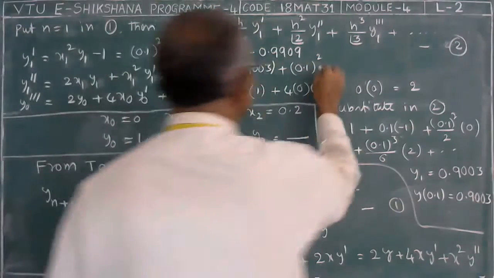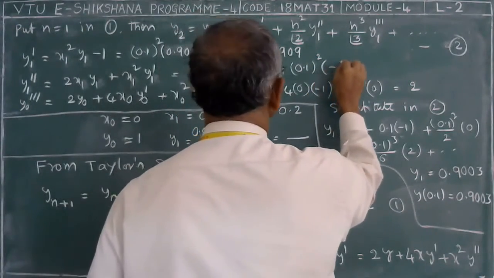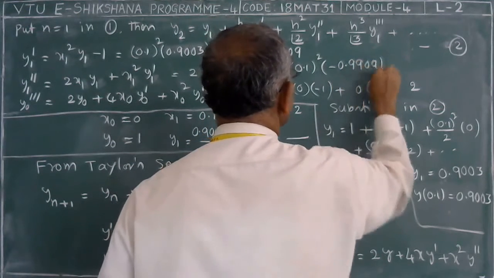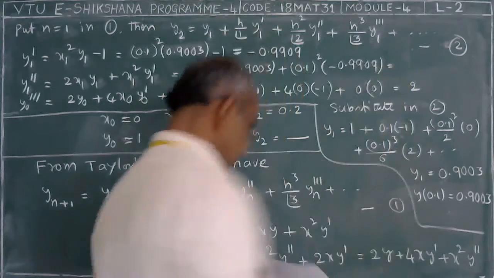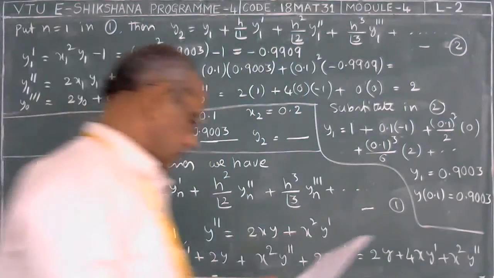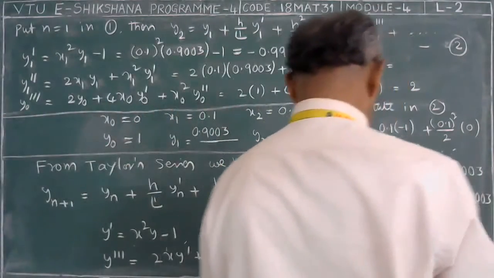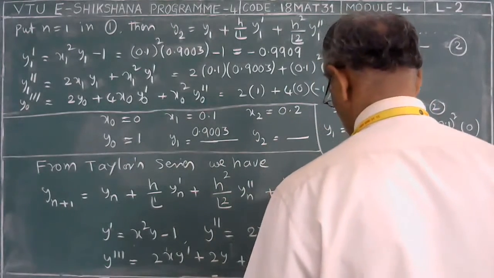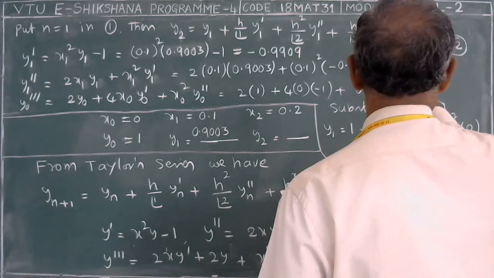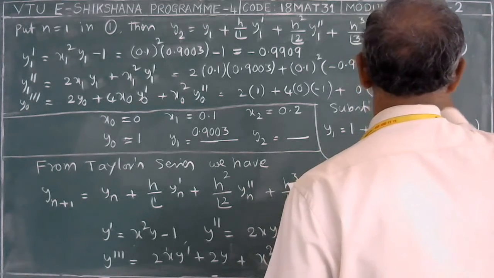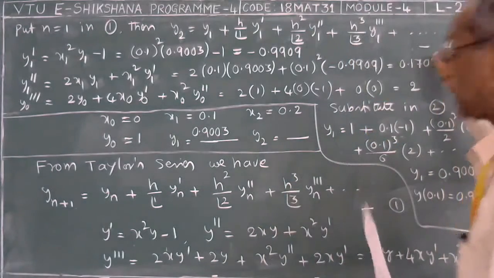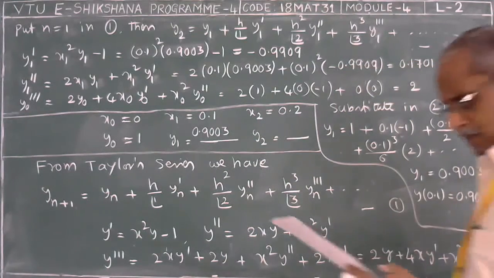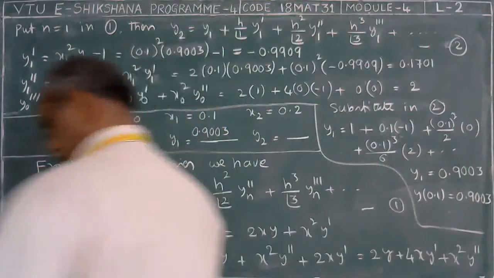Y1 dash is minus 0.9909. So if you carefully calculate, you get y1 double dash as 0.1701.